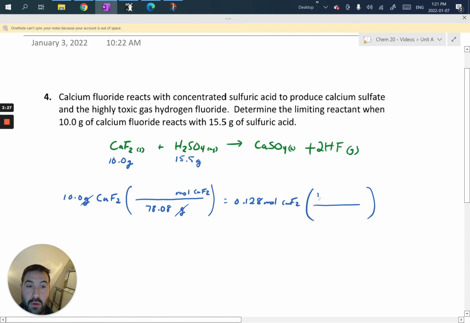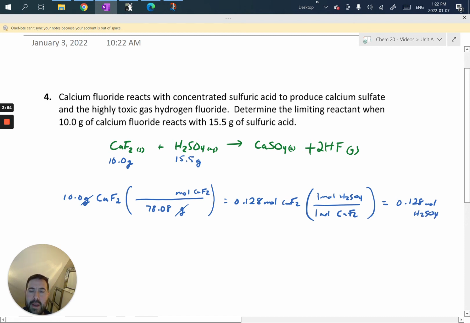I get 1 mole of H2SO4 for every 1 mole of CaF2. So in order to completely react all 10 grams of CaF2, I'm going to need 0.128 moles of H2SO4.